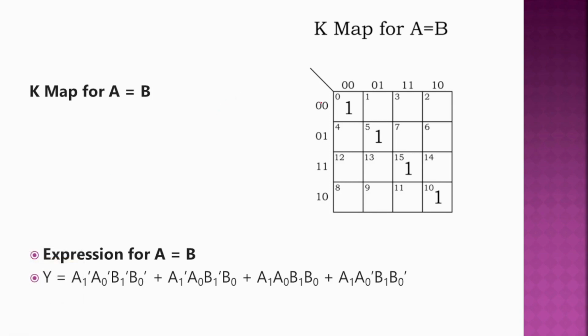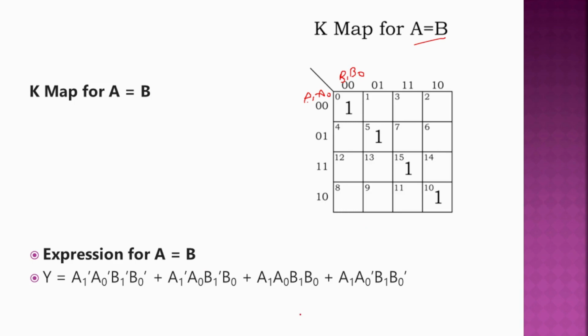As I mentioned before, this is the A1 value, A naught value, and this one is B1 value, B naught value. When all 4 values are 0, the condition is satisfied, so you need to fill 1 here. Likewise, you need to fill all these 1s with the help of the truth table.